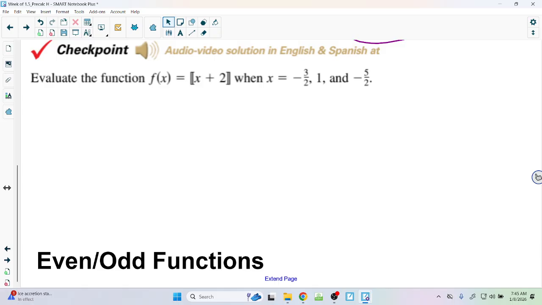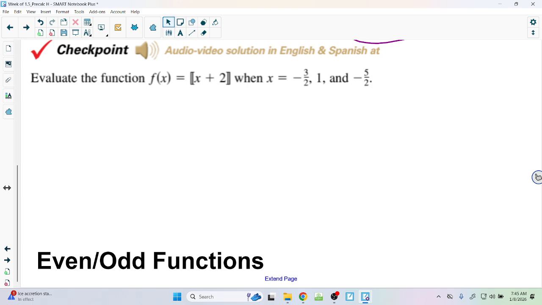So just try it, and hopefully you'll see that on the quiz, because I think it's a nice one, in my opinion. So it's the greatest integer or the step function. And I didn't include it in our parent function rules, I guess you could say. I'll talk a little bit about even and odd functions here today too.